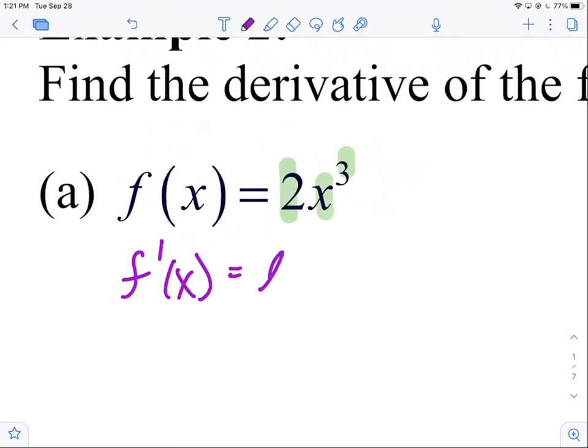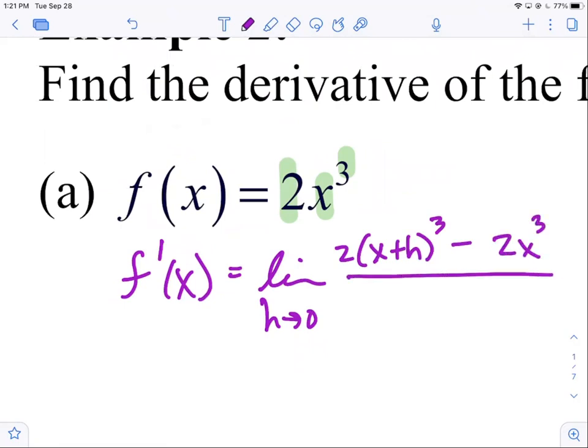Yes, so we could say it's going to be the limit as h goes to 0 of 2 times x plus h cubed minus 2x cubed all over h. And then we have to hit that with the sledgehammer, right? Cubing a binomial, there's no square multiply double square, and it's not just x cubed plus h cubed. We'd have to go off to the side and figure out what it is, right? Yucky, gross.